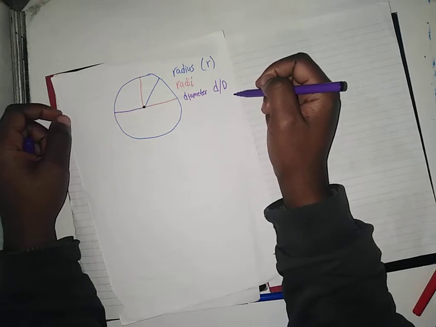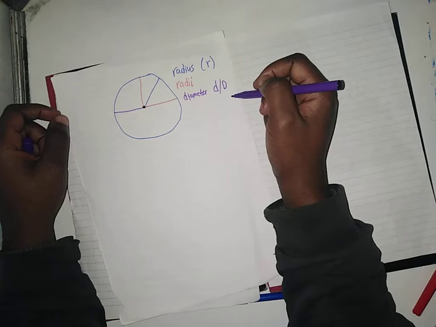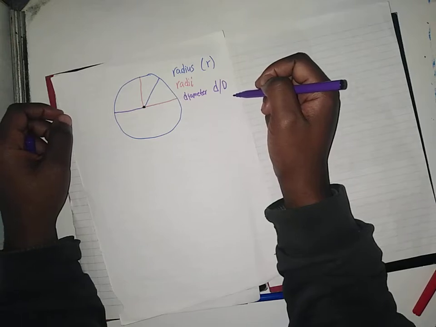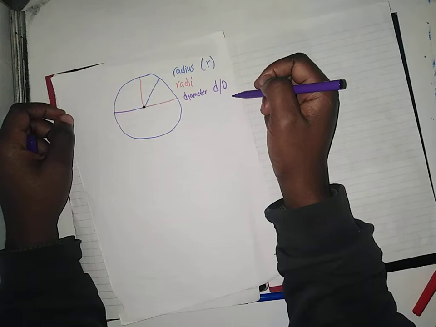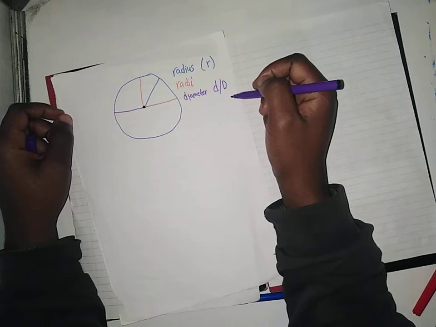I'm sure some of you know it, but I want to emphasize it for the record. If you have a circle, each and every radius in that circle is equal to each other. It does not matter where it is. All radii are equal.